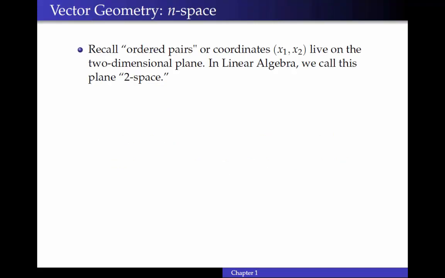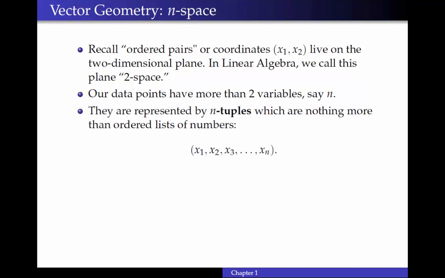And the last thing we're going to talk a little bit about today is vector geometry. You'll recall that ordered pairs are just coordinates, x1, x2, that live on the two-dimensional plane. In linear algebra, we call this plane 2-space. But our data in analytics typically has more than 2 variables. Say it has n variables.